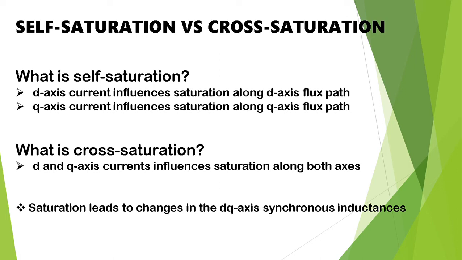In any case, the saturation effect causes changes in the dq axis synchronous inductance. It is important to consider both the self and cross saturation effects to obtain an accurate dynamical model of the synchronous reluctance motor or any AC machine.